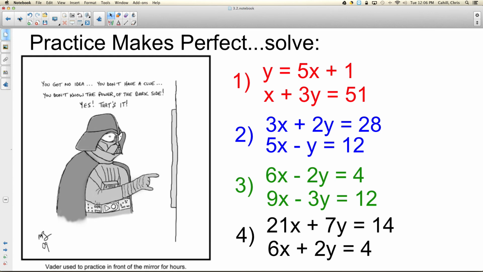If you notice on the sideboard over there, I have 4 different colors, and these problems here are 4 different colors. We're not going to have a whole lot of time, but do your best on these and we'll go over them, all right?